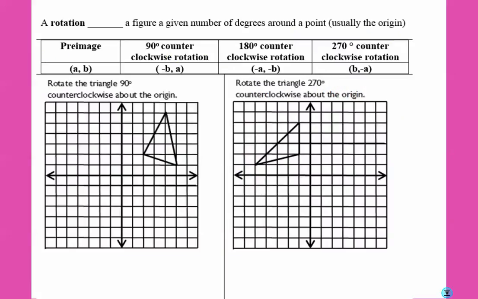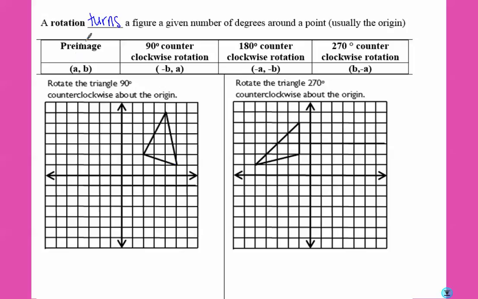Our third type of transformation is a rotation. A rotation turns a figure a given number of degrees around a point. And this table here, if you remember it, can help shorten the amount of work you need to do to rotate these.